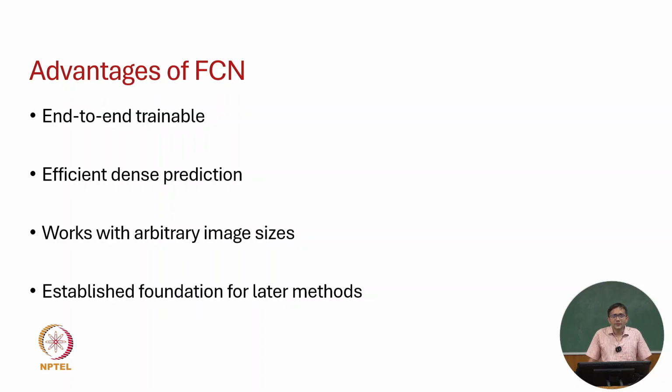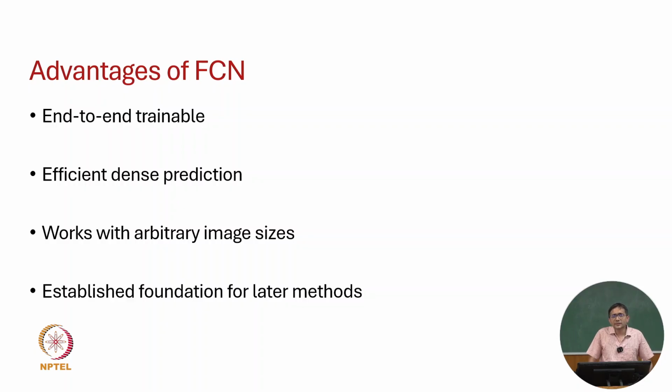What are some of the advantages of the fully convolutional network? So this is end-to-end trainable. This is enabling us for efficient dense prediction. We can work with arbitrary image sizes. And in a way, we can think of this as a foundation for the later methods.